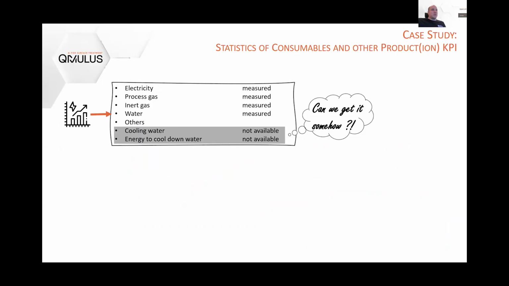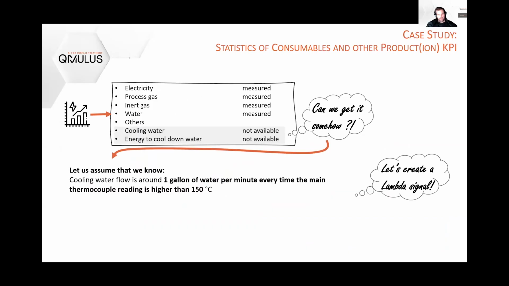Can QMULUS do that somehow, Mike? Yes. So the question is always, we have a lot of information in QMULUS, but some things might be missing, and we would like to present you a way to create information out of what we know. Let's assume we have Frank, for example, here.